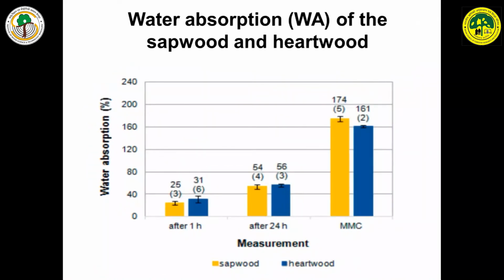And similarly, the water absorption properties: sapwood absorbs slightly more water compared to heartwood, because heartwood contains certain chemicals, waxes, and oils. Because of that, the heartwood doesn't absorb as much water as the sapwood.